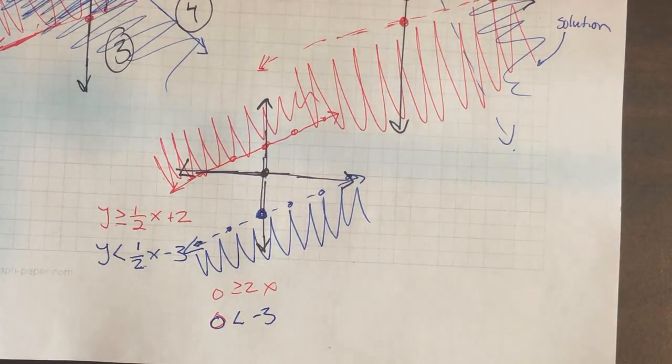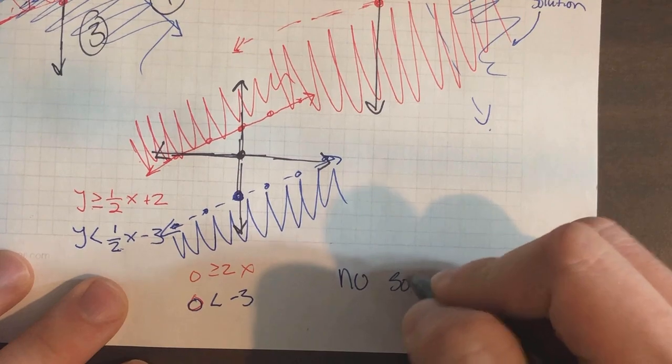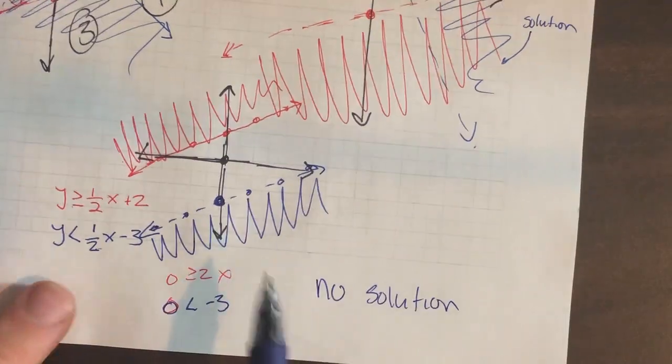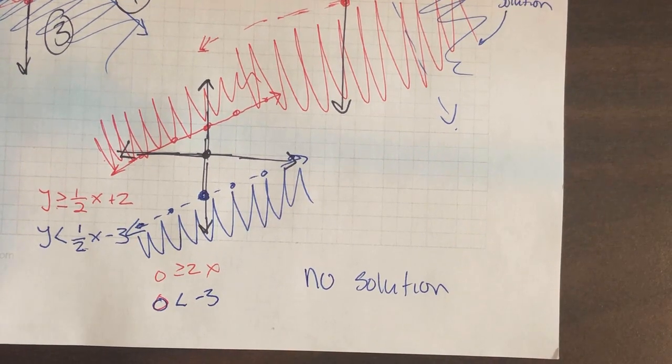Now, where's the overlapping shaded region? There is none. So this one has no solution, okay? The individual pieces do have a solution, but the overlapping shaded region is where the solution to the system is, okay?